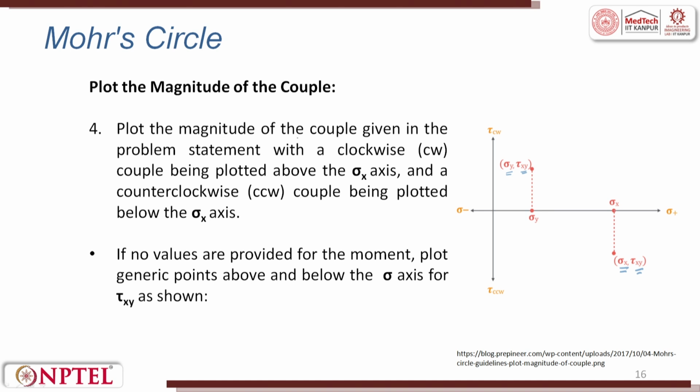Plot the magnitude of the couple given in the problem statement with a clockwise couple being plotted above the x axis and a counterclockwise being plotted below the x axis. If no values are provided for the moment, plot generic points above and below the x axis, okay, sigma axis for tau xy as shown in the figure.